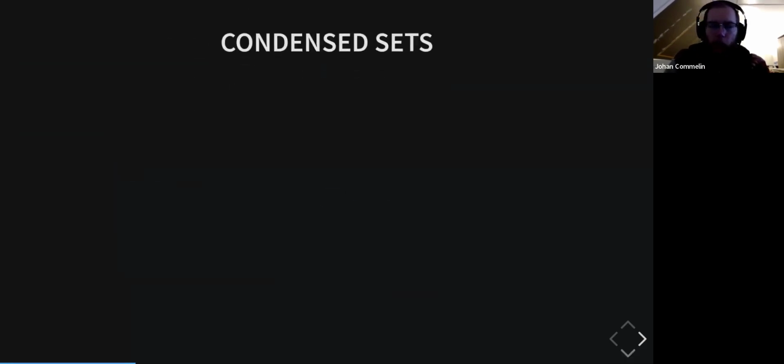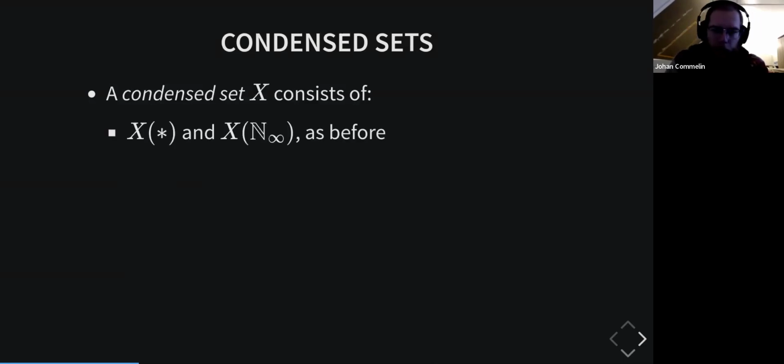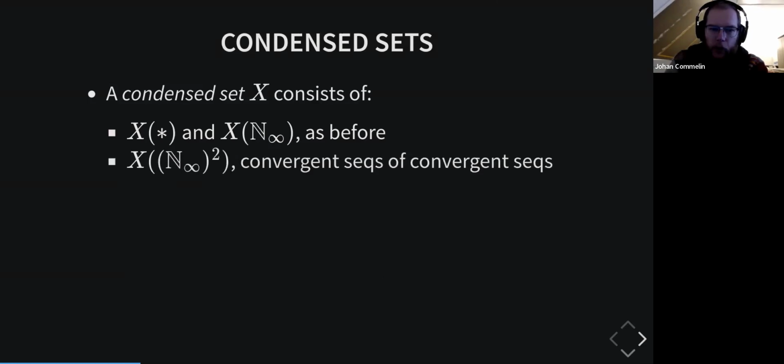So condensed sets, at least in their latest incarnation, consist of the following data. So we have, again, a set of points and a set of convergent sequences. But now we want to remember a bit more. So let's say we also want to have a set of convergent squares, like sequences in two directions.